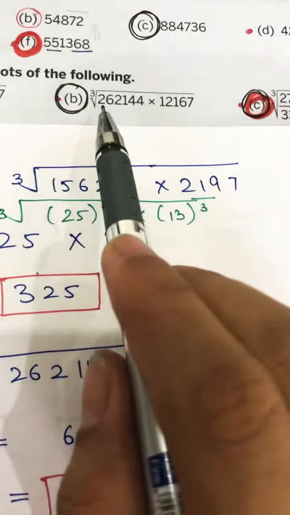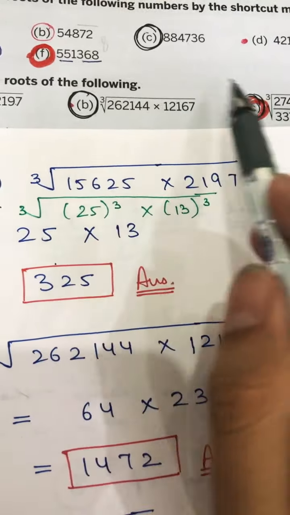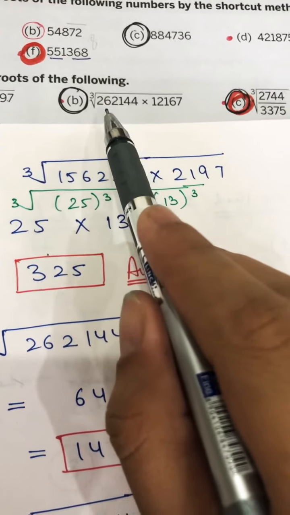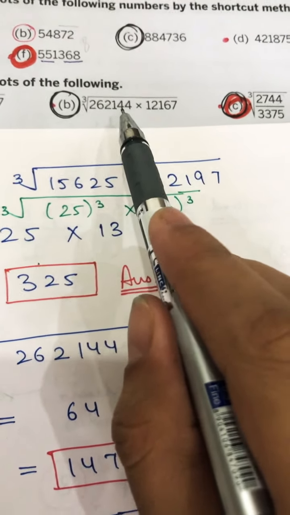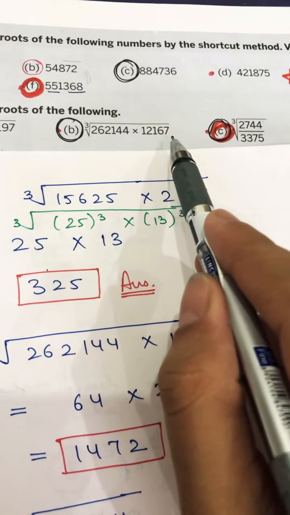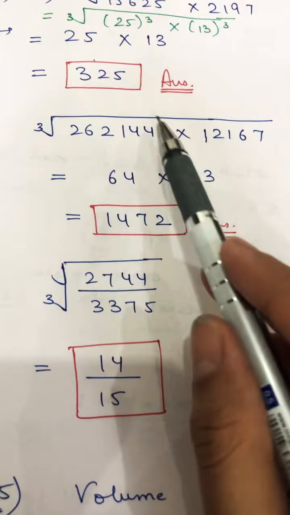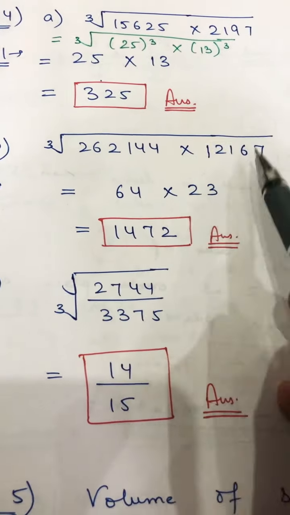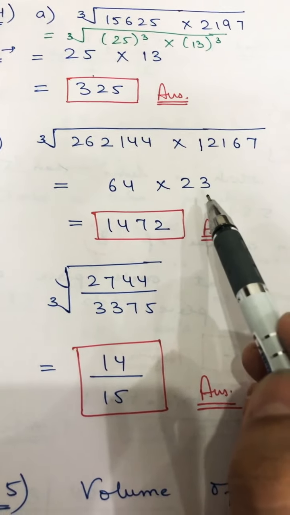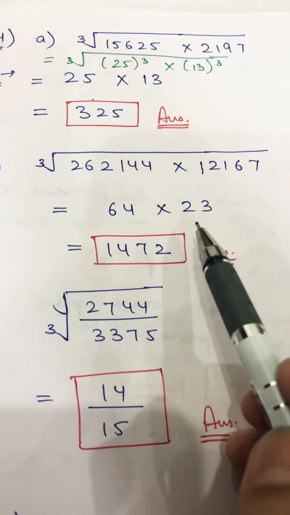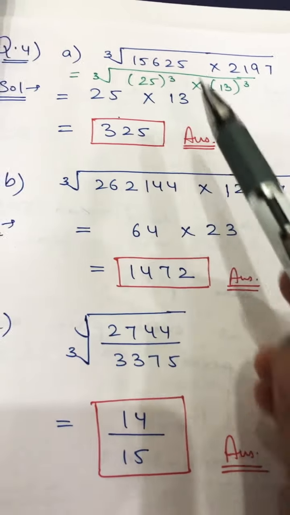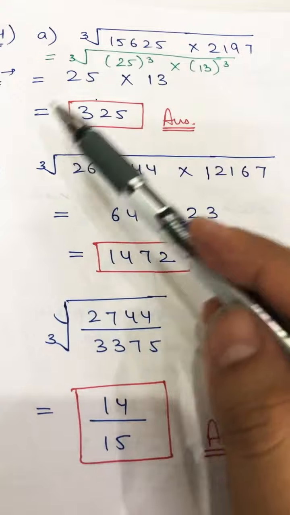Similarly, there is part number B, cube root of 262144 multiplied by 12167. Now write the solution in this way. It is a cube of 64, and it is a cube of 23. If you have learned cubes till 30, then you can directly write the cubes.